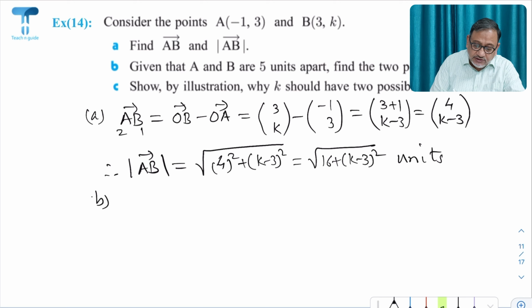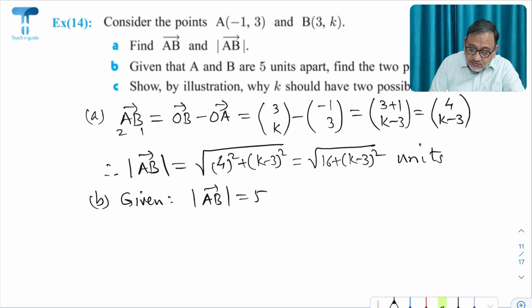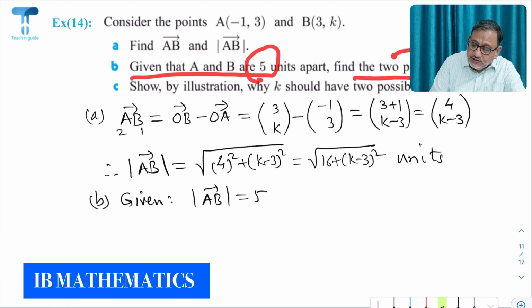Then B part says, given that A and B are 5 units apart. So what is given? Their magnitude is given. So given magnitude of AB is equal to 5. Look here, they have given here in B part, magnitude is 5, okay, 5 units. Find two possible values of k.